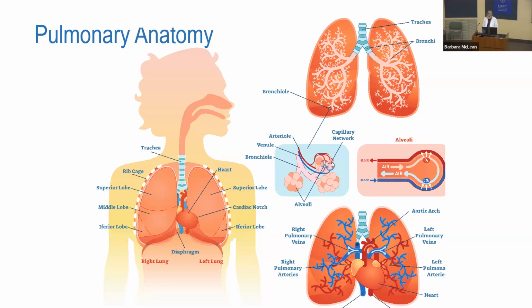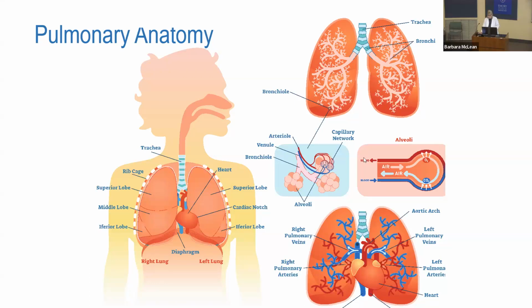What's really important to remember is that the alveoli is, as you see here, and again, it's just an artist rendition, completely surrounded by blood vessels. Those are the pulmonary capillaries. And this, of course, is where gas exchange takes place. So O2 goes from alveoli into the blood, and CO2 goes from blood into the alveoli.